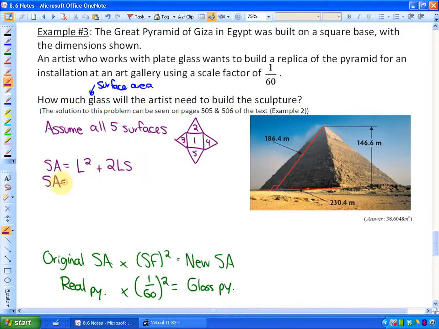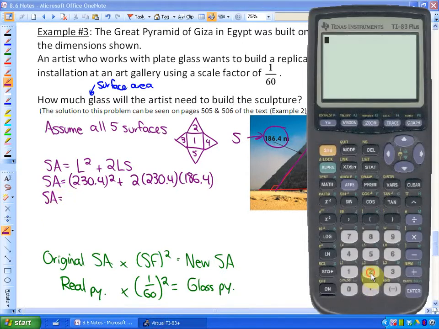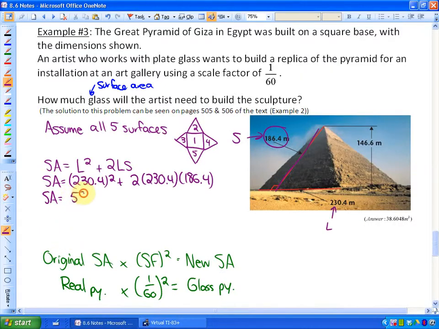So your surface area would be L squared, and this here is your L, 230.4 squared, plus 2 times 230.4 times the slanted side. And this here, 186.4, is your slanted side. Okay, so if we evaluate that value, 230.4 squared is 53,084.16.